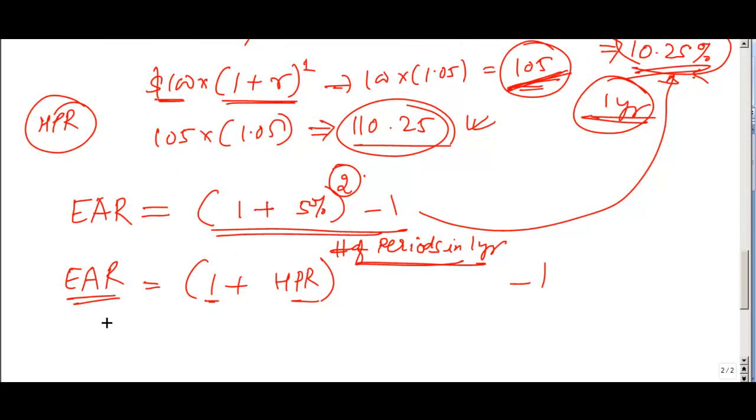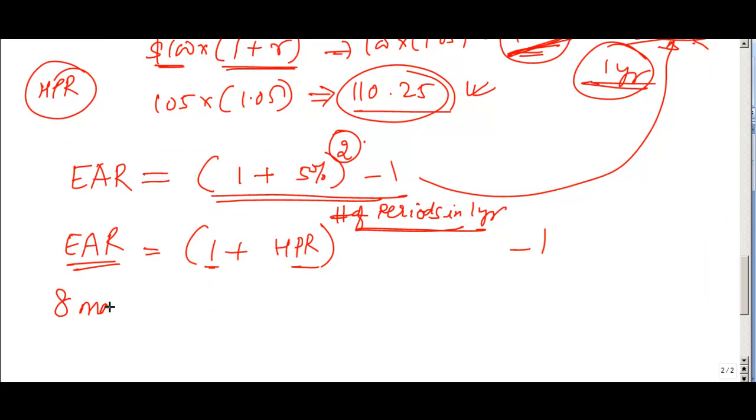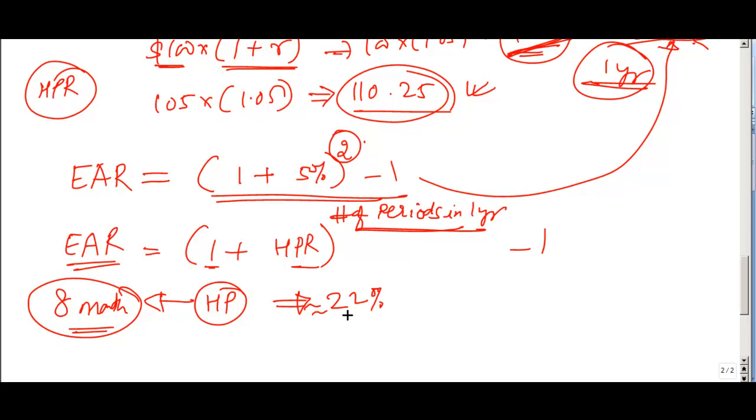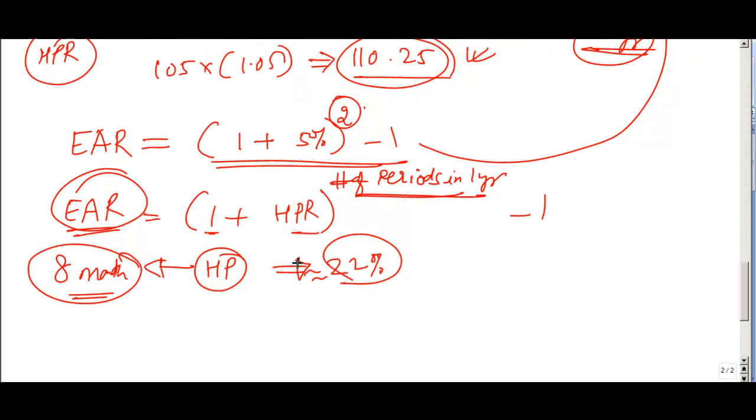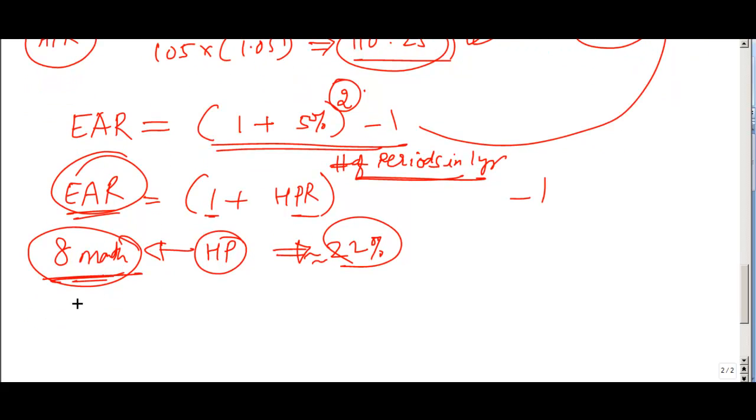Okay, in the problem that we had, holding period was 8 months, and in this 8 months we are getting approximately 22% return. We want to compute this effective annual rate, so we want to find out how many 8 months are there in 1 year. So we have a very simple concept that in 1 year we have 12 months.